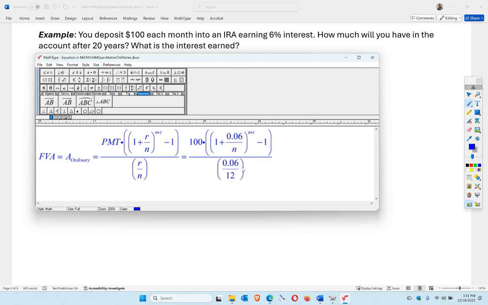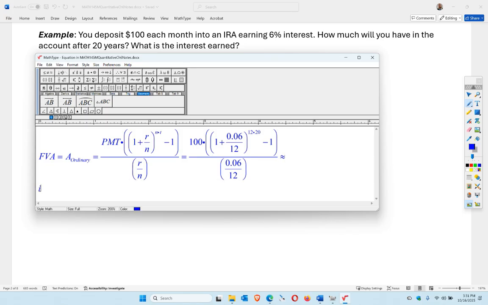The payments and the compounds actually align. If you pay quarterly, it'd be 4. If you pay yearly, it'd be 1. And we're doing 20 years, which is typically what you do, 20 or 30 years, because usually these are designed for retirement. Not always, but a lot of times. This is not going to work out nicely. Interest rate problems never do.